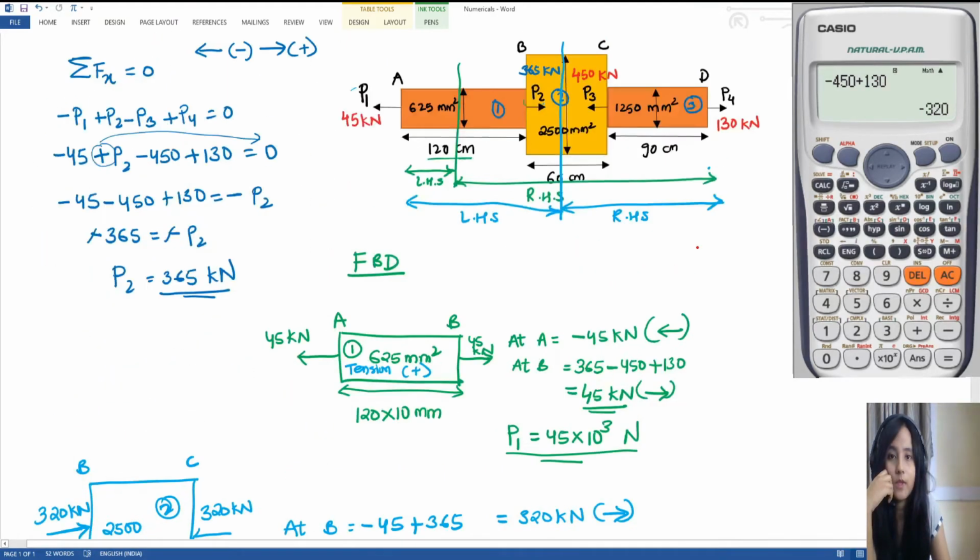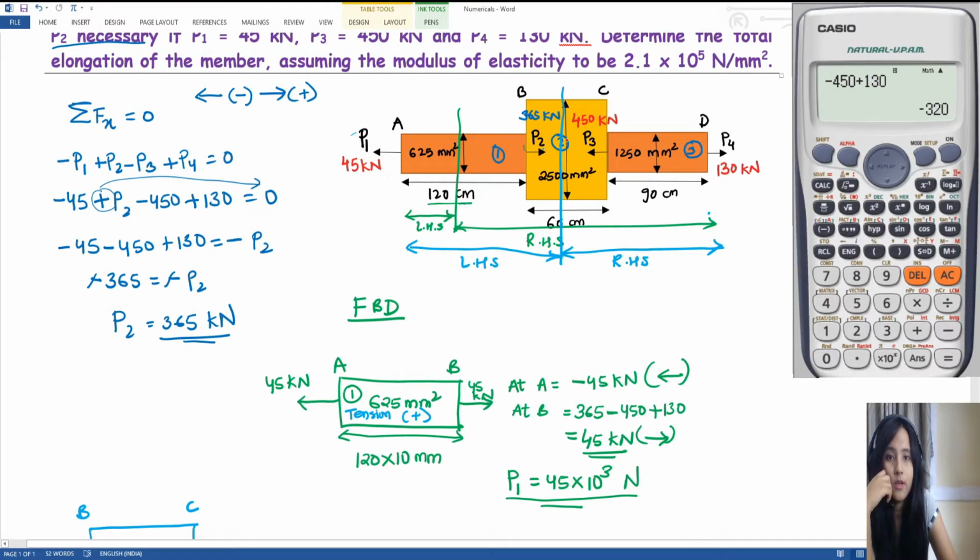Now again at C, I'll take half of this CD portion, half, right? Now whatever forces are from here to here till this point, I'm just taking from this point till this point CD, and the half of this CD, and this side it will be left hand side. Similarly this side it will be right hand side of CD, right? So at left hand side, what are the forces that are coming? P1, P2 and P3. So what I have?